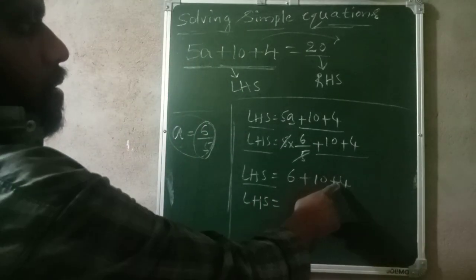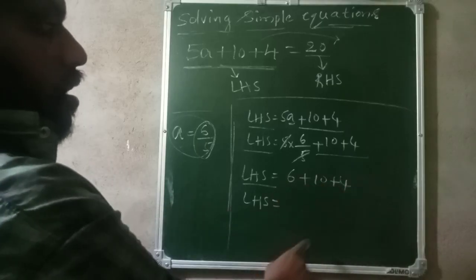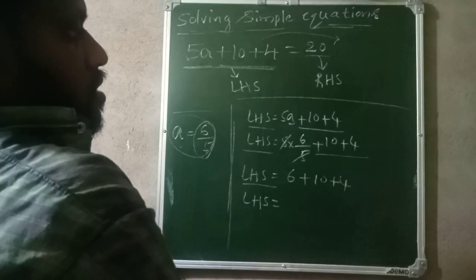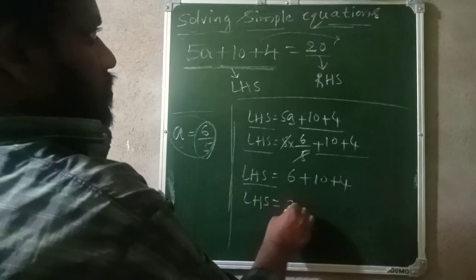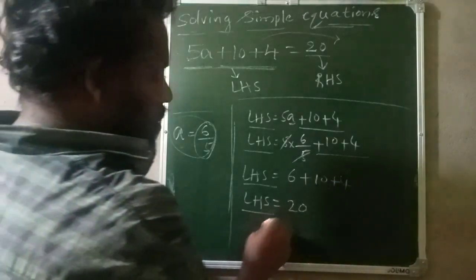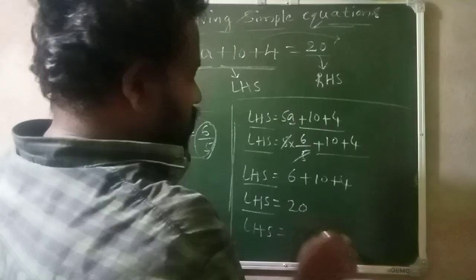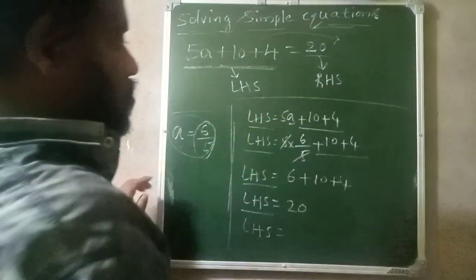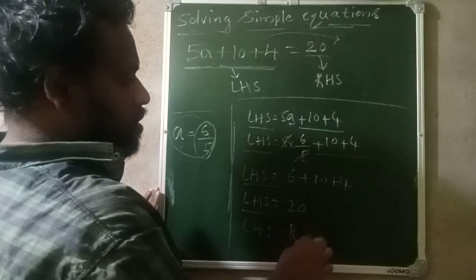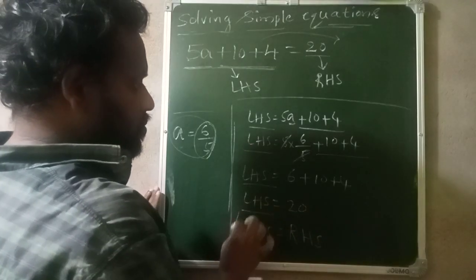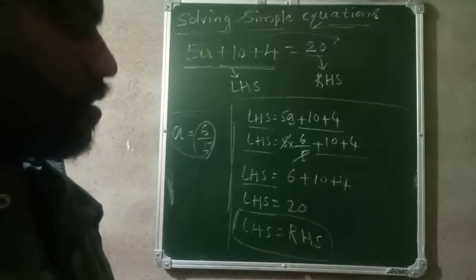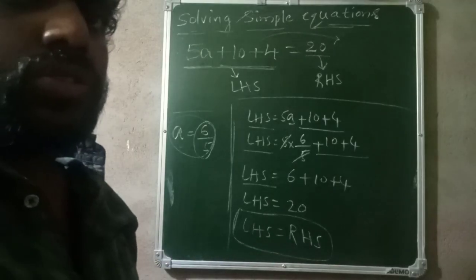Next step, LHS is equal to, now add all three numbers. 6 plus 10 is 16, 16 plus 4 is 20. Next, I said 20 is RHS, so in place of 20 I am going to write RHS. See, we got LHS is equal to RHS.